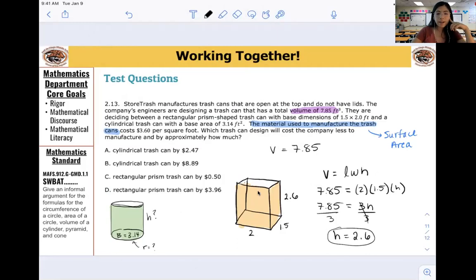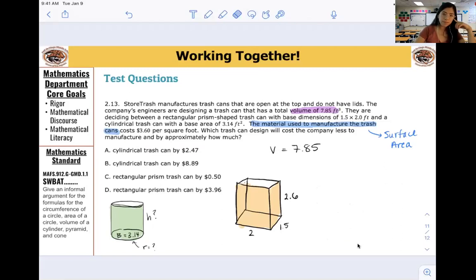I got the height. Now I have everything that I need. Now I need to know the surface area of this trash can, not counting the top. So if I'm not counting the top, I have the front, the back, the 2 sides, and the bottom. The front and the back is going to be 2 times 2.6 times 2, because it's height times length.